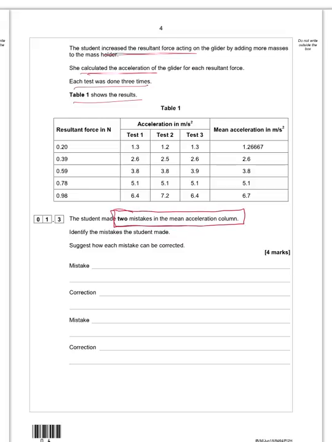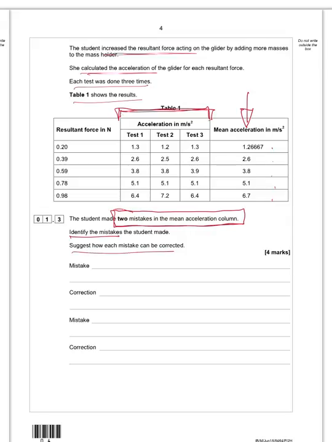So if you read the full question, it even tells you that the mistakes are in this column. That doesn't mean that she didn't use this data in the table to make the mistake, but the mistake that she's written down is actually in one of these results. You have to identify the mistakes and suggest how to correct them.